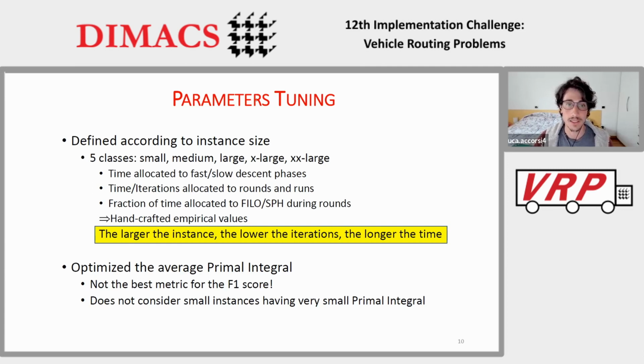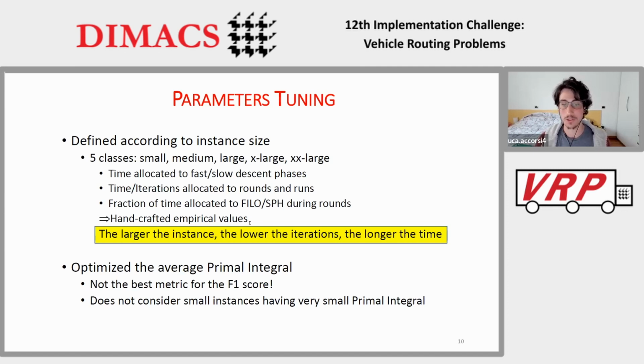Now, as for the high-level strategy, we defined the parameters according to the instance size. In particular, we identified five classes from small to very large scale instances. And what we changed is the time allocated to the fast and slow descent phases, as well as the time and iterations allocated to rounds and runs, and the fraction of time allocated to FILO and SPH. We defined these values in a handcrafted way.